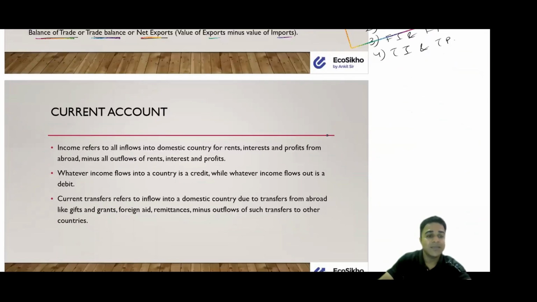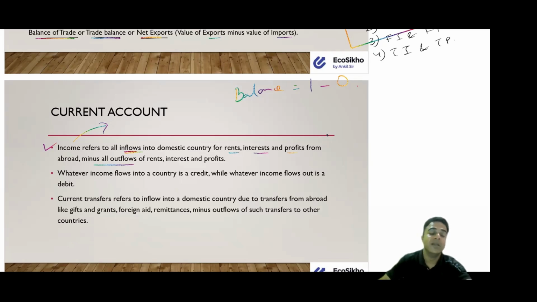Moving on, income is something I have already told you. And whenever we are trying to find out the income, it is always inflows minus outflows. So we always have to remember that whenever we want to find out the balance of anything, it is always inflows minus outflows. So income refers to the inflow of domestic currency into the domestic country for rent, interest, profit, minus all the outflows.